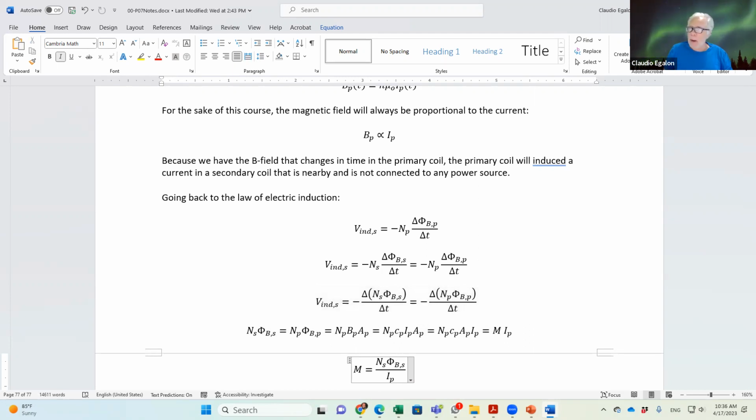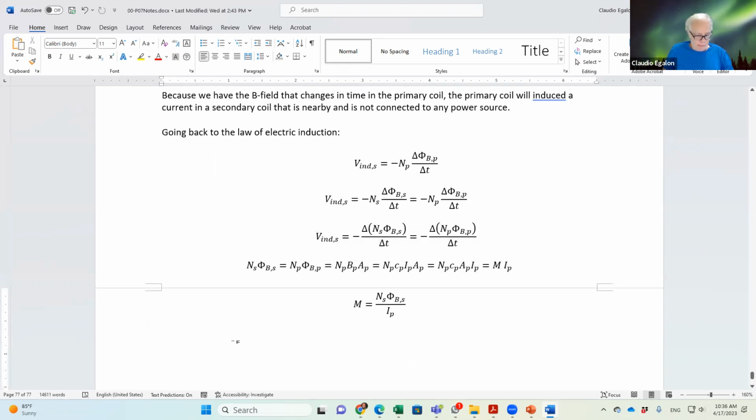Okay, and now we can write my Ohm's law, which is this one right here. What does it end up being?